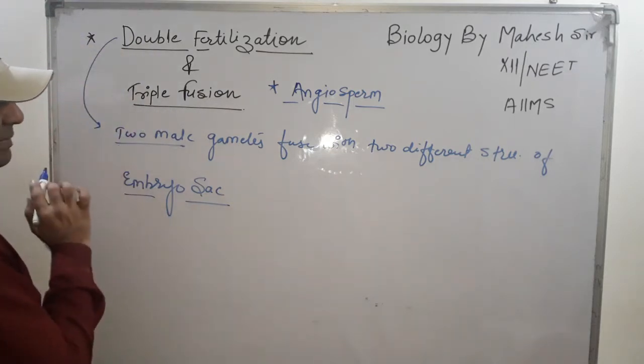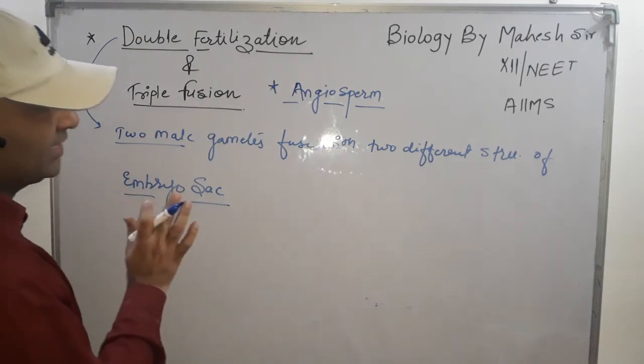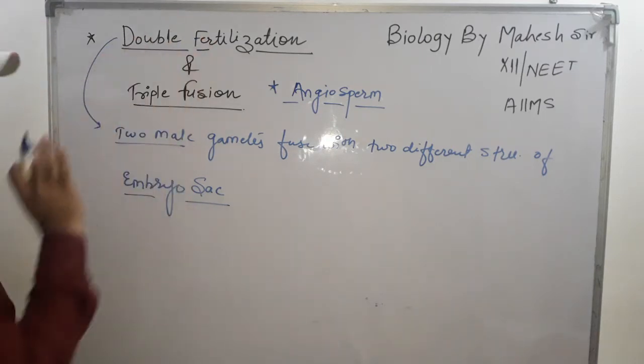That means there are two male gametes and two structures, so syngamy and fusion take place two times. That's why it is called double fertilization.